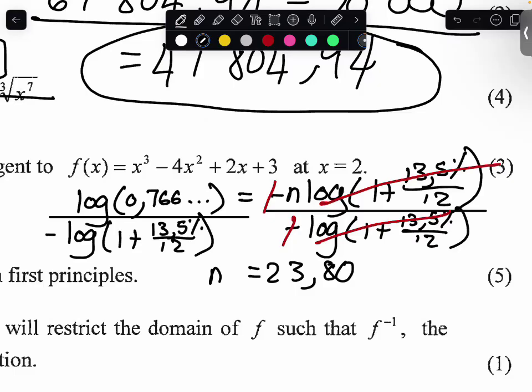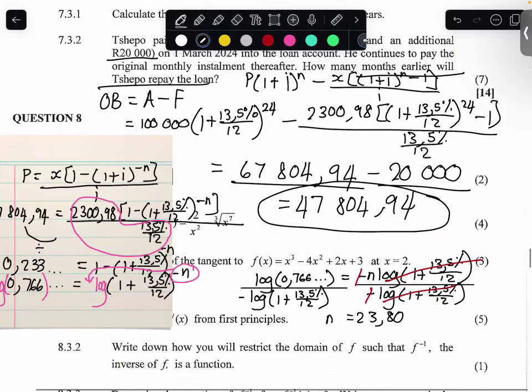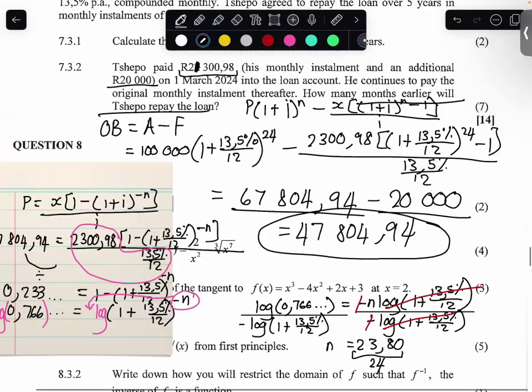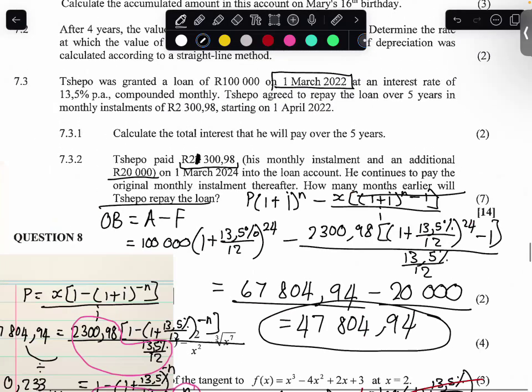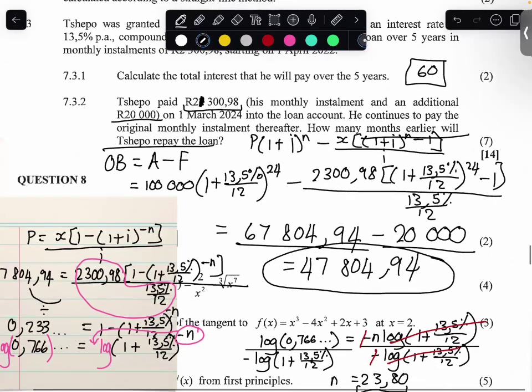Which is approximately 24, so 12 months earlier. Because remember, this whole arrangement is supposed to end at the end of 5 years, which is 60 months.